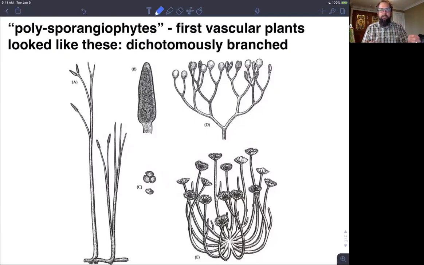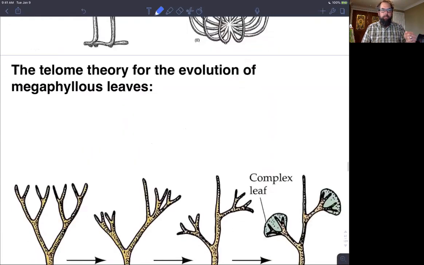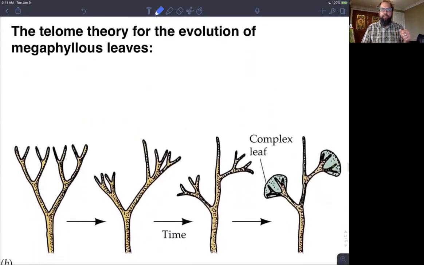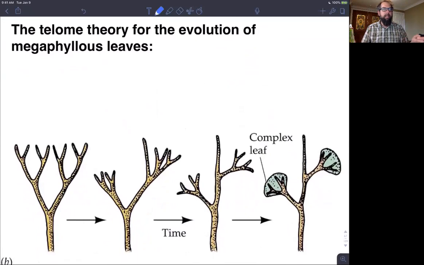This goes into the evolution of megaphyllous leaves from these dichotomously branched axes. This is called the telome theory for the evolution of leaves, or specifically megaphyllous leaves. Just to make sure I have this written down for you, megaphyllous leaves have multiple and/or branched veins associated with them.